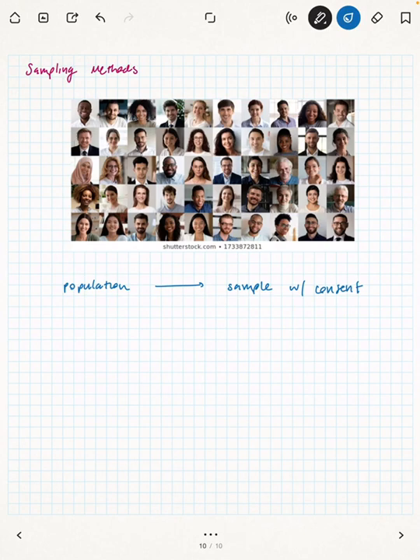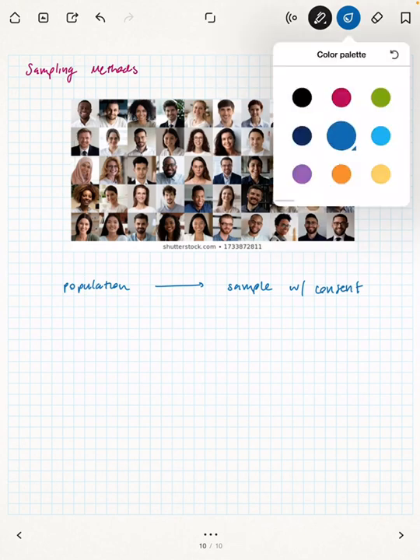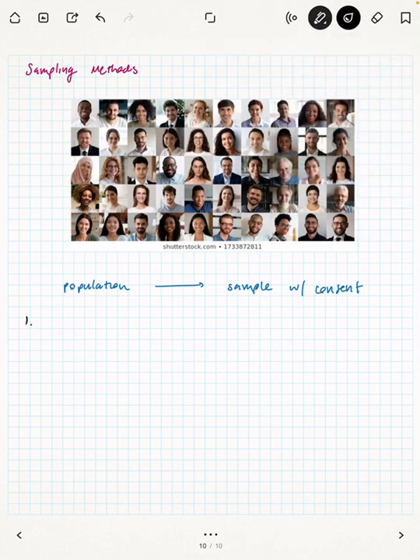Having said that, once you do have a sample, what is a good way to obtain it? We're going to go over a few of those methods, and I'll keep track of which one we're talking about and illustrate using our image here. The most simple kind of selection that we can do is a random method: a simple random sample of size n.